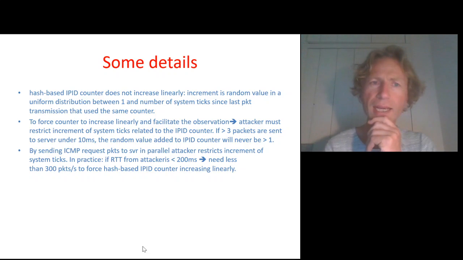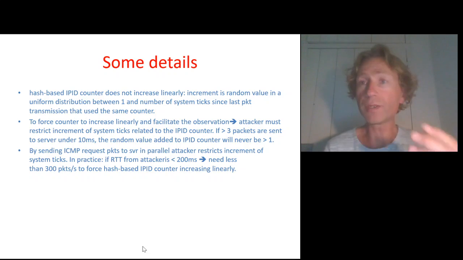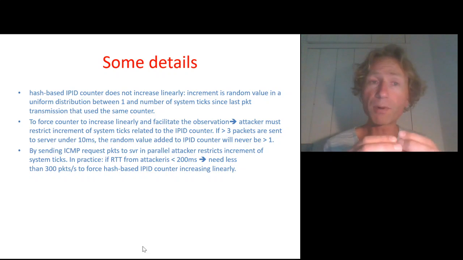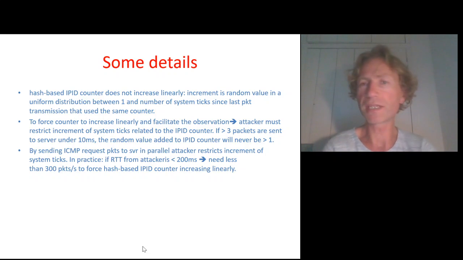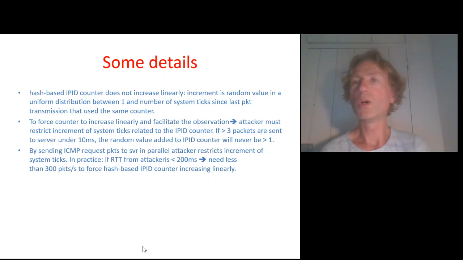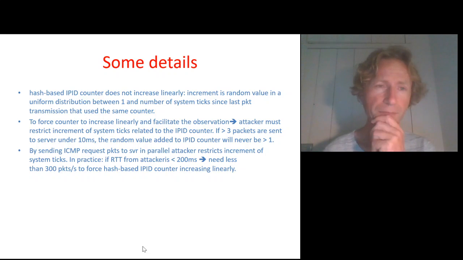The way to do that is by restricting the number of system ticks that are related to this particular IP ID counter. For instance, if we send 3 packets in less than 10 milliseconds, the random value that is added to this IP ID counter will never be greater than 1. So we just have to be quick about it.